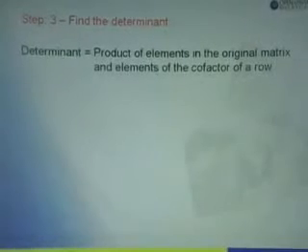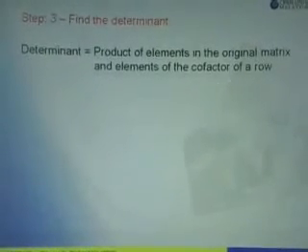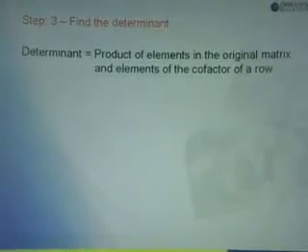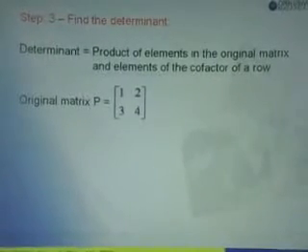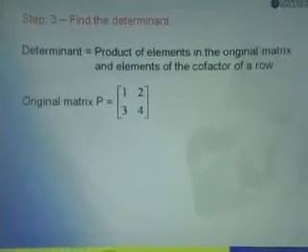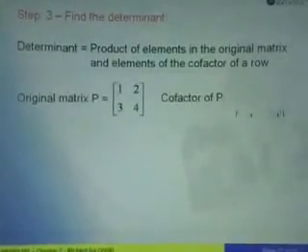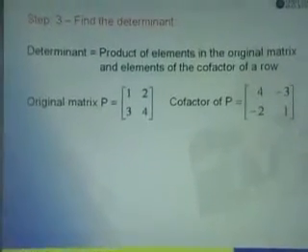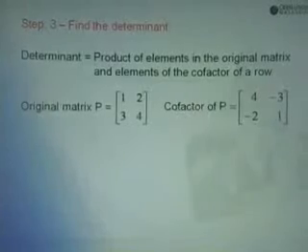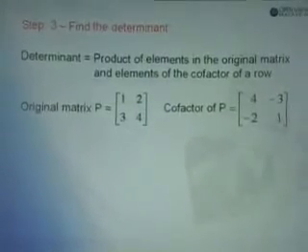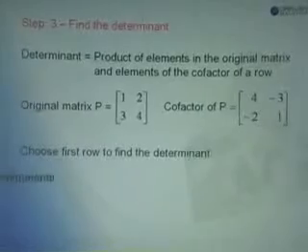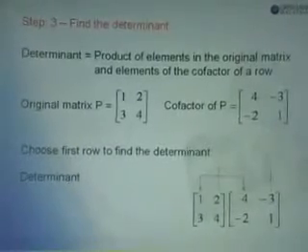So we need to select a row in the original matrix and also the same row in the cofactor, and then we multiply. So let's look at the original matrix of P, which is 1, 2, 3, 4, and then we know from the previous answer the cofactor of P equals 4, negative 3, negative 2, 1. So let's say we choose the first row.